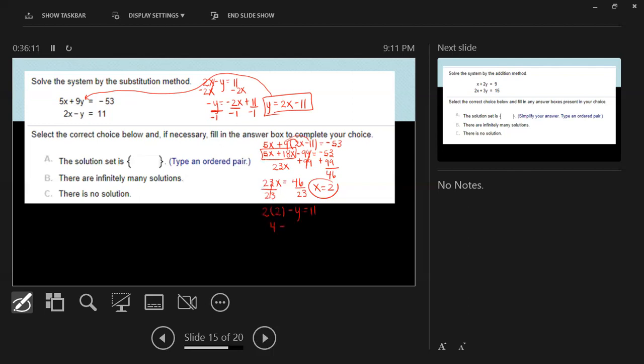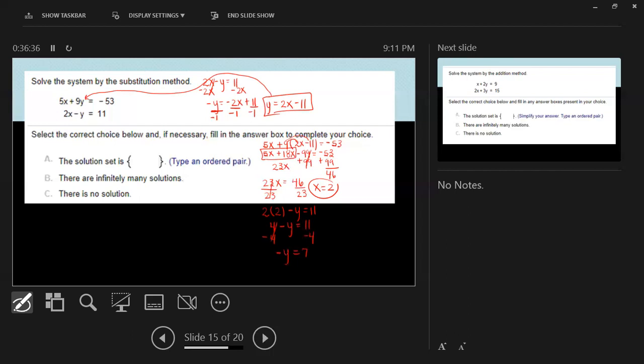So 4 subtract y is equal to 11. So the next thing I'm going to do, I need to bring that 4 over with the 11 by subtracting because I need to do the inverse to move it. So that cancels out. So I'm left with negative y is equal to, and when you do 11 subtract 4, you will get a positive 7.